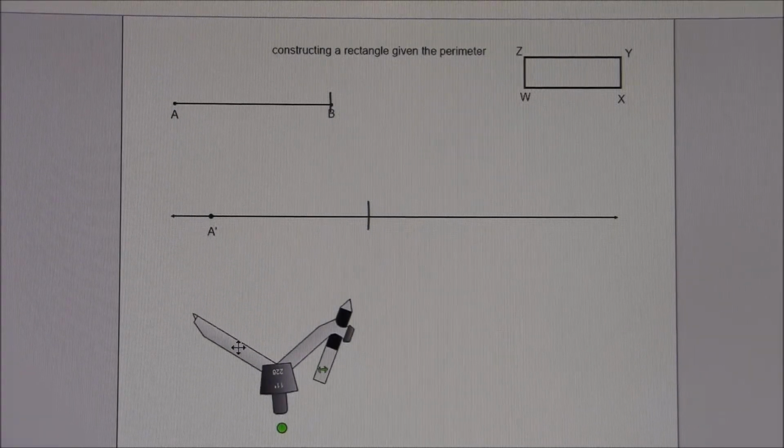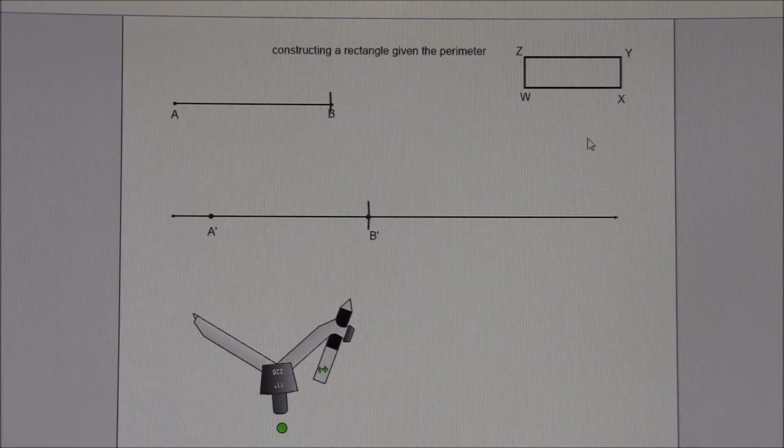Alright, so now we have A prime and we have now B prime. Understand that this is the total distance around.